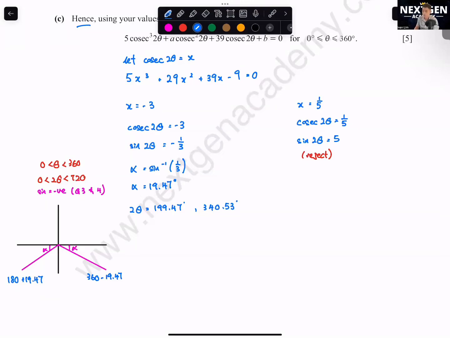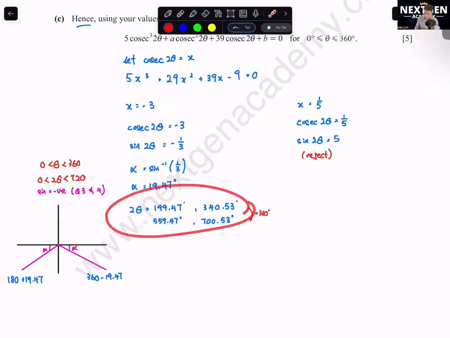This is from 0 to 360 degrees. You go one more round, so I want you all to add 360 degrees to both the answers here. You'll get 559.47 degrees, 700.53 degrees. Okay, this second part here is from 360 degrees to 720 degrees.